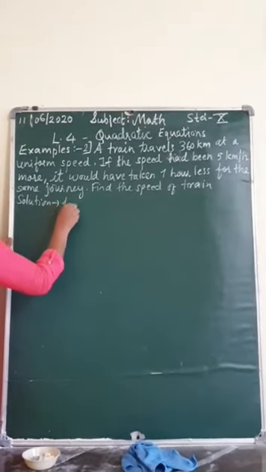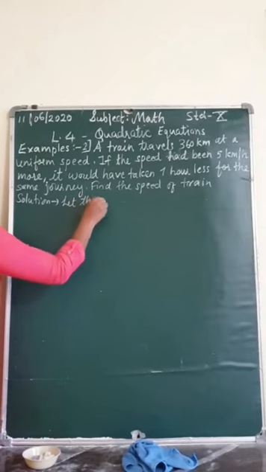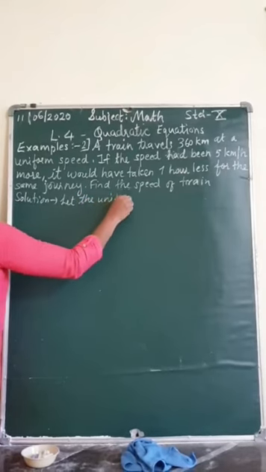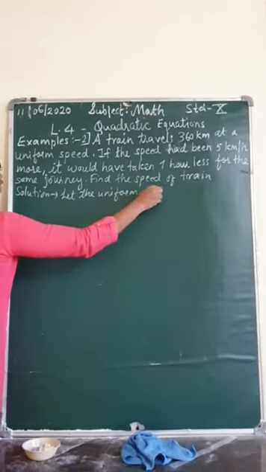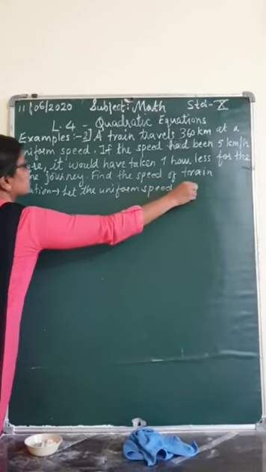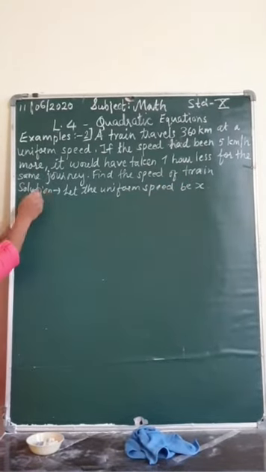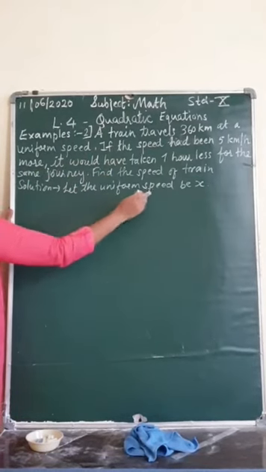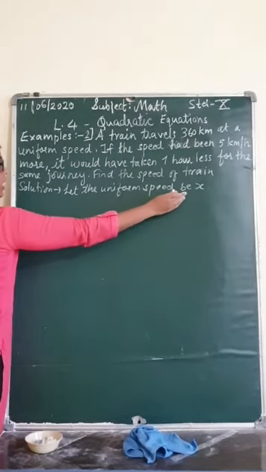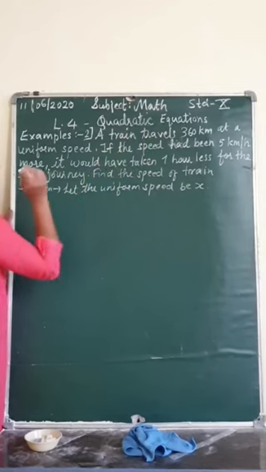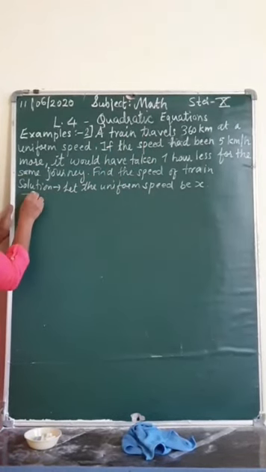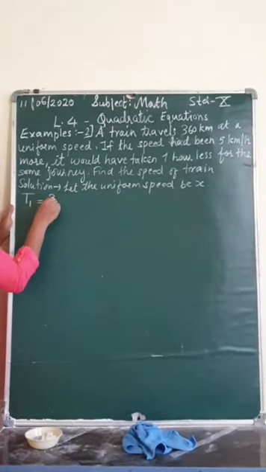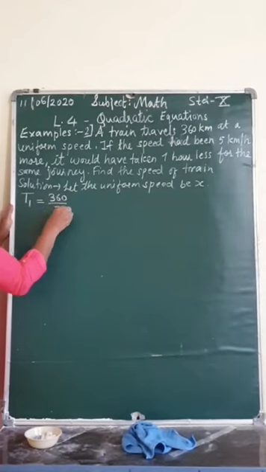Now let the uniform speed be x. Now you know the relation of speed, distance and time. So with the uniform speed x, the train travels 360 km, and that's why time 1 will be 360 upon x.